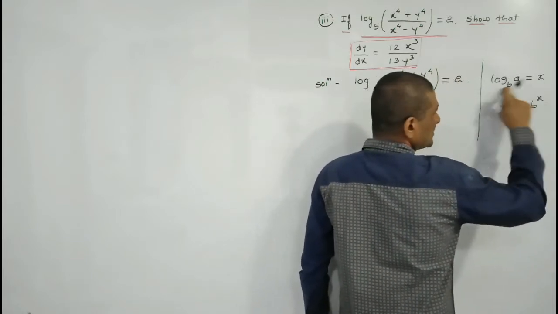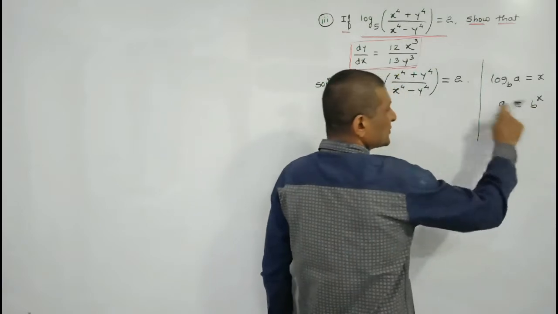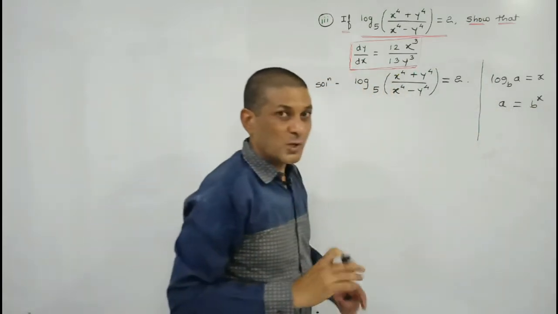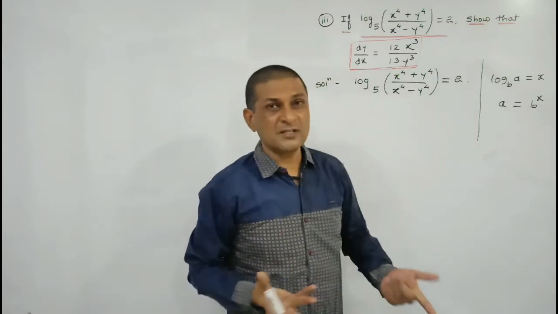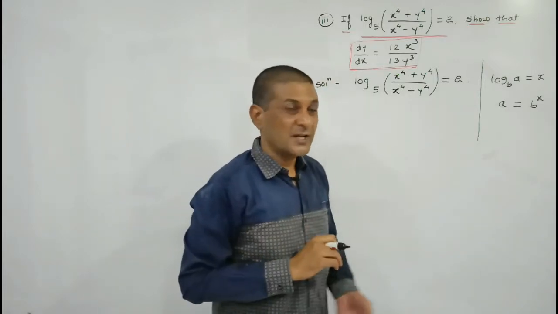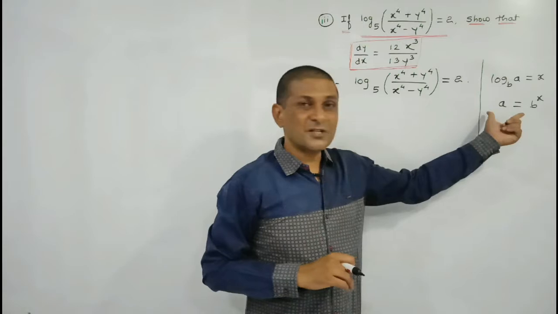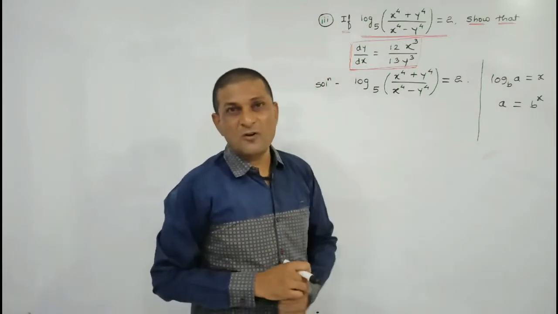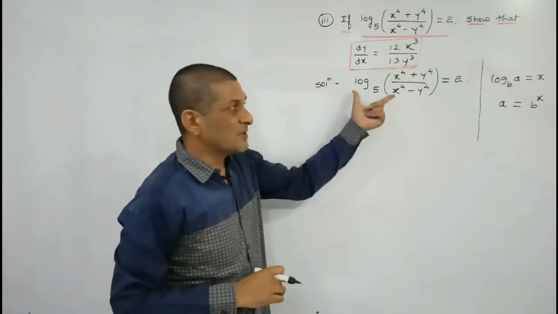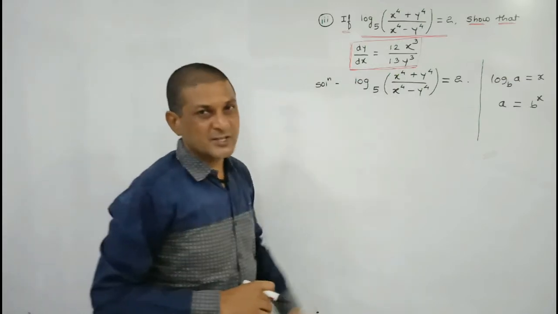If we write this logarithmic form in this way, this representation is called exponential form, because here x is the exponent. The value of a logarithm is always the value of the exponent. Using the definition of logarithm, we are trying to convert this logarithmic form into exponential form.